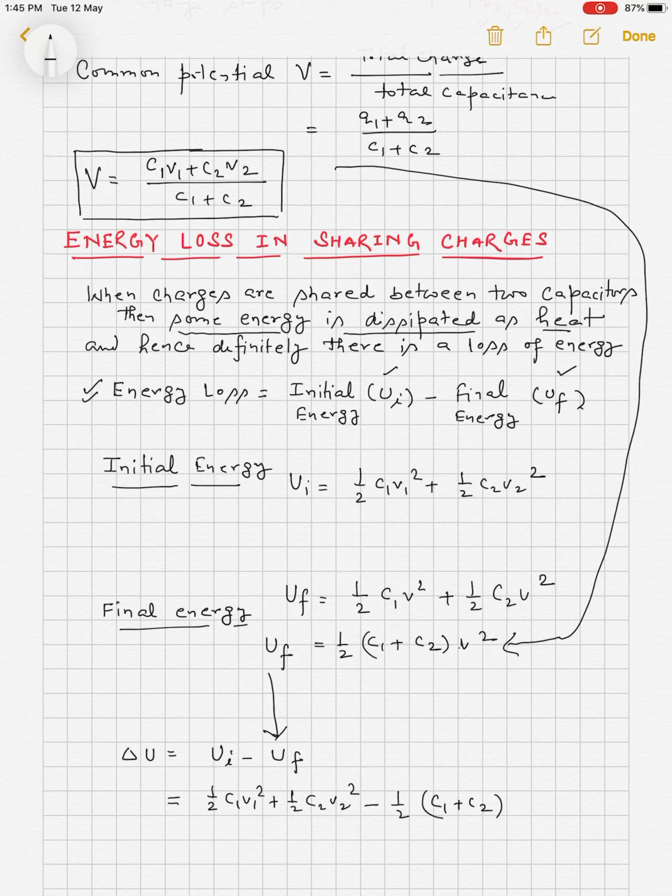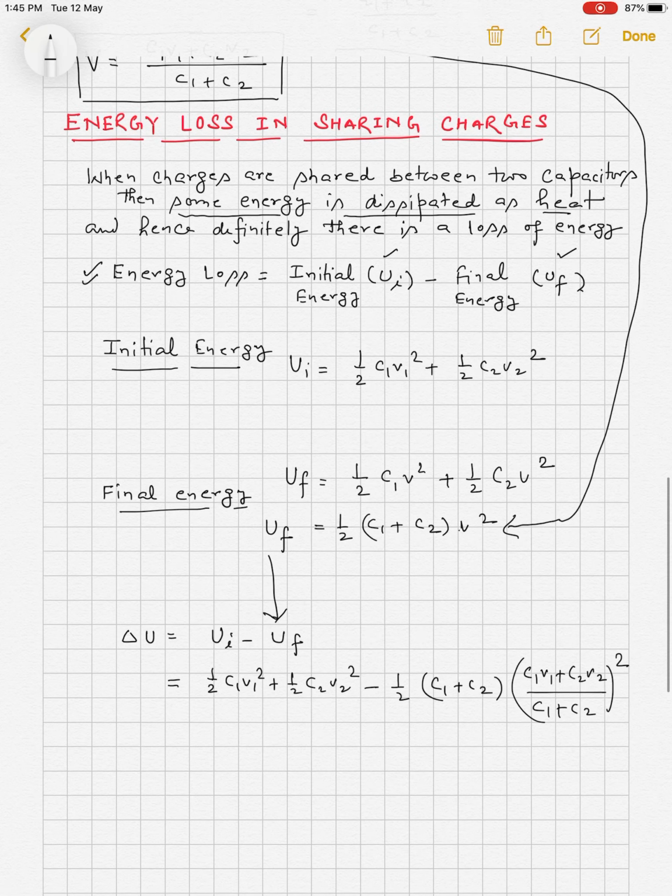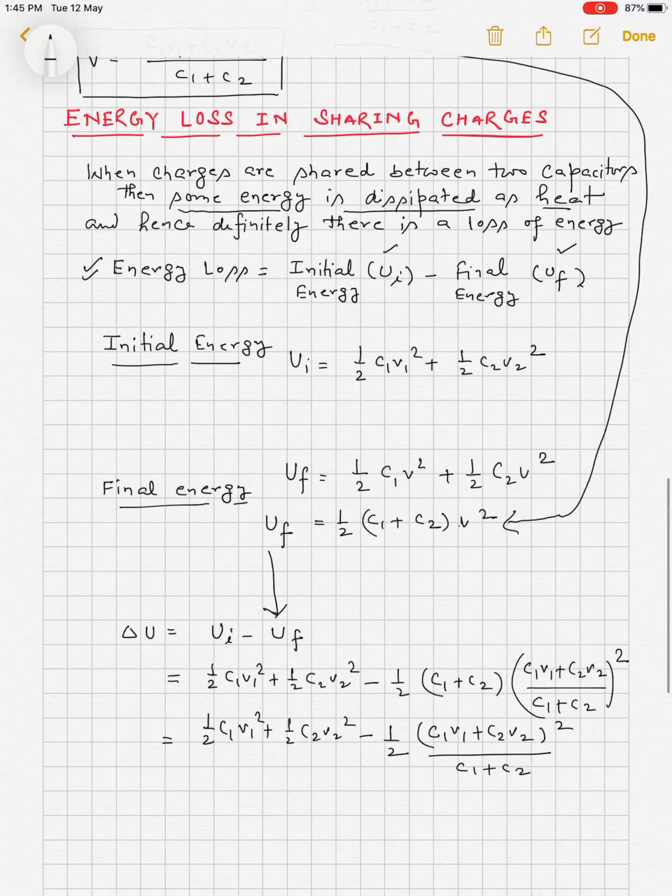Putting the value of V, we get (C1 V1 plus C2 V2) upon (C1 plus C2) whole square. So one C1 plus C2 is cancelled out. So we have only half C1 V1 square plus half C2 V2 square minus half (C1 V1 plus C2 V2) whole square upon (C1 plus C2).